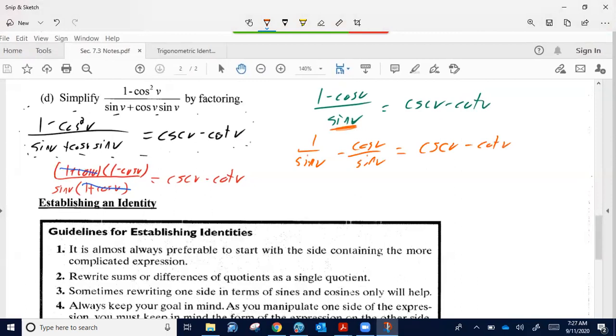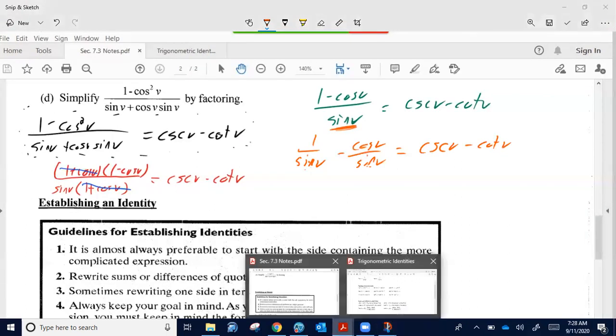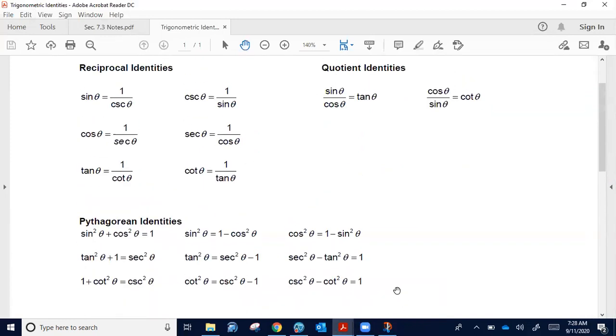So again, this sine was a common denominator. You would normally put it back together and say 1 minus cosine is the numerator, but it also works the other way. And once we're here, we're pretty much done because if you look at your identity sheet, your formula sheet, 1 over sine is cosecant and cosine over sine is cotangent.